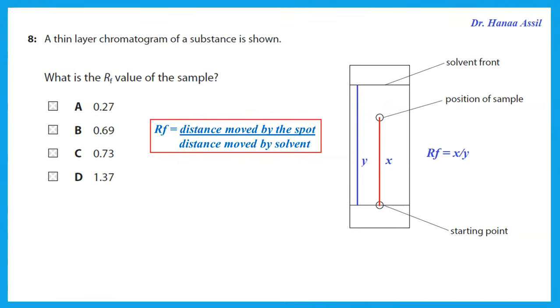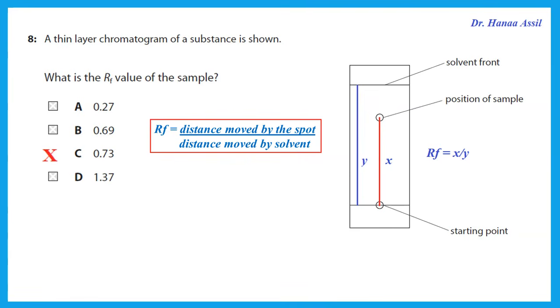But even without actually measuring this with a ruler, obviously the spot is about 3/4 of the way up, so it is 0.73. That would be the correct choice.